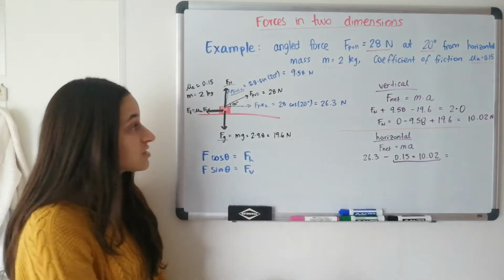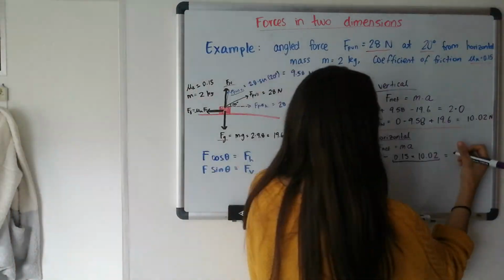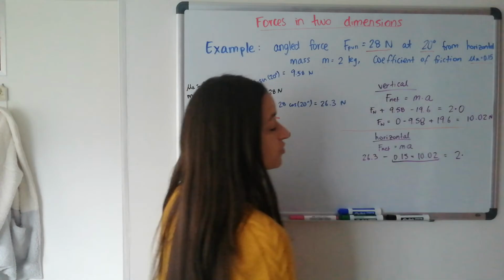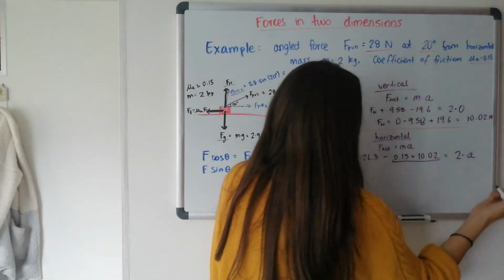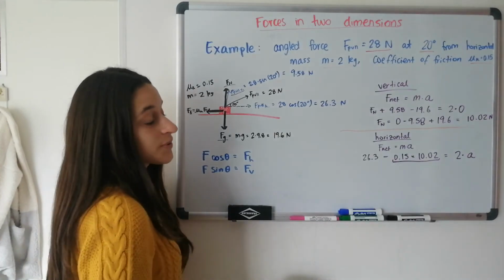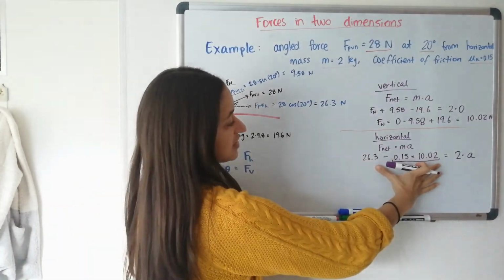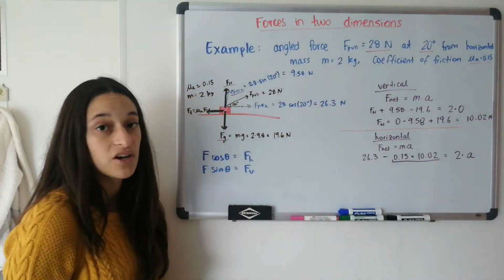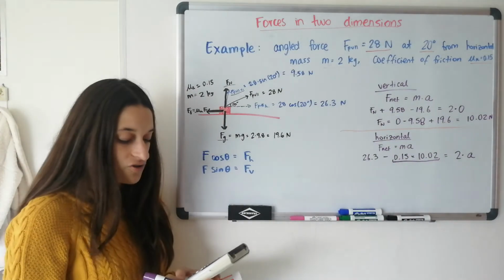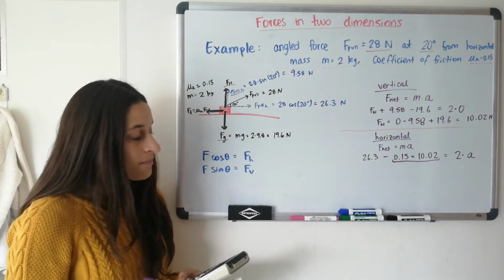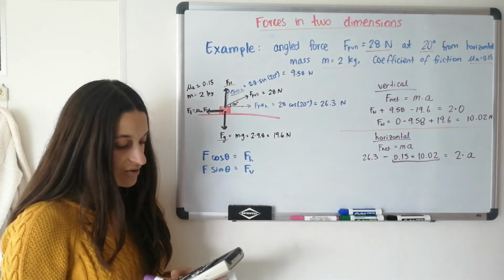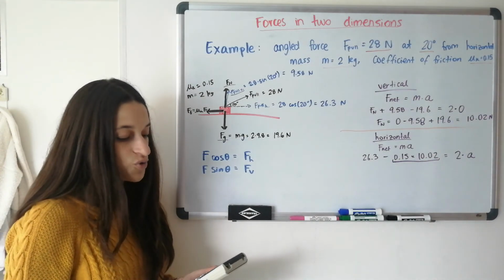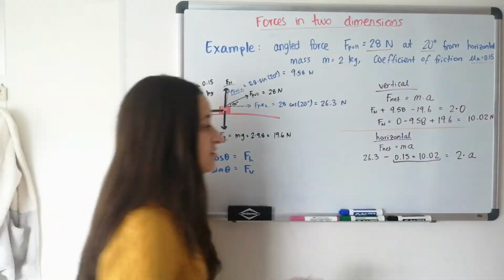Again, the mass we have: it's 2 kilograms. And the acceleration we don't know, it's just a, so we leave it as a. We can solve the left part of the equation because it's already all numbers. 26.3 minus 0.15 times 10.02 gives us 24.8.